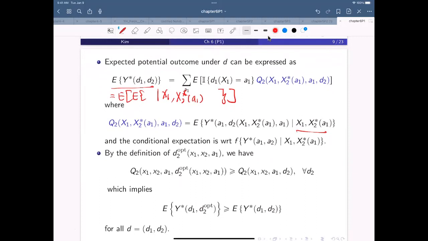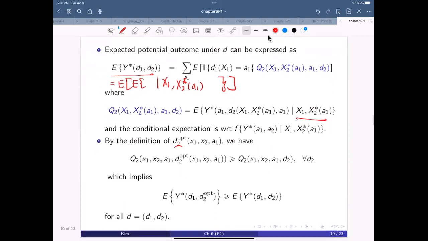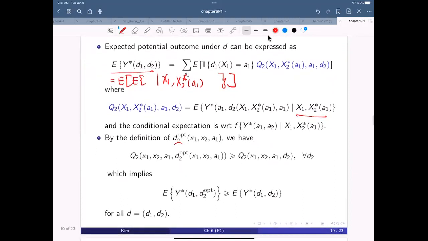And then by the definition of this D2 optimal, we have this one. For any, which implies this, right?